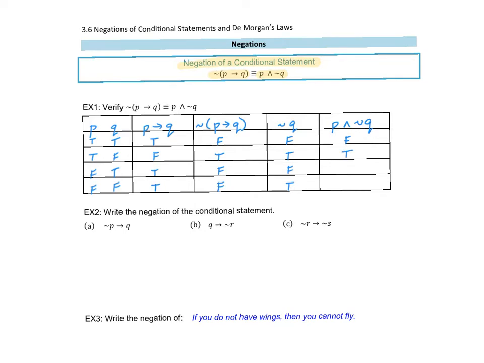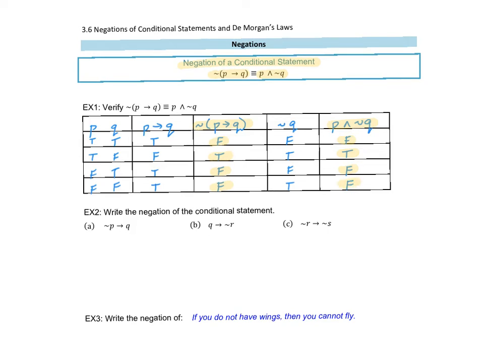False, false is false. False, true is false. And we've just shown that the negation of the conditional statement is equivalent to the and because they match up: false, false, true, true, false, false, false, false.